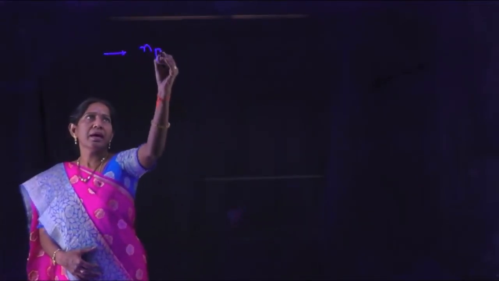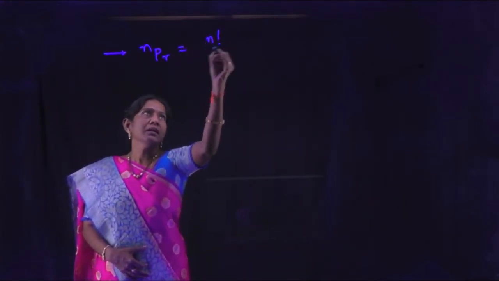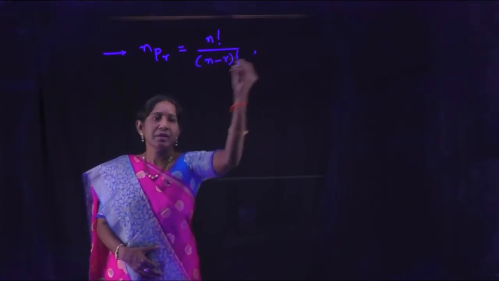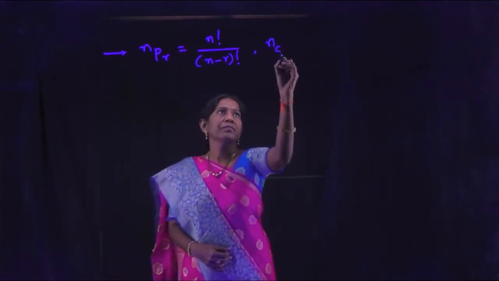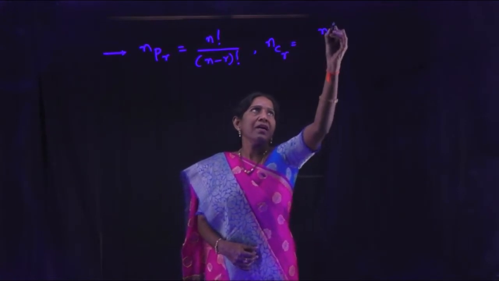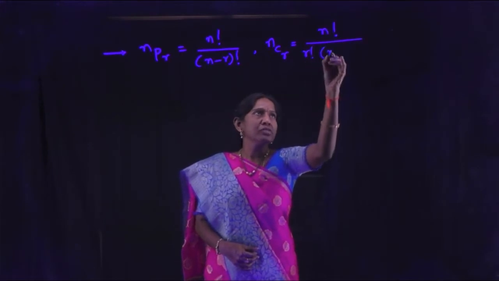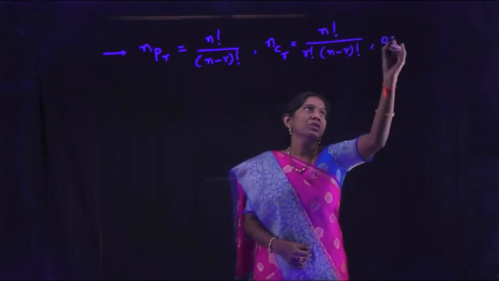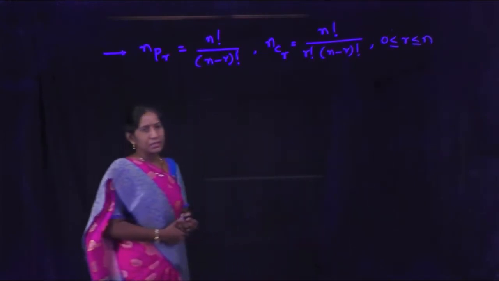Already we know the formula for nPr is n factorial upon n minus r factorial, and the formula for nCr is n factorial upon r factorial times (n minus r) factorial, where 0 is less than or equal to r, which is less than or equal to n.